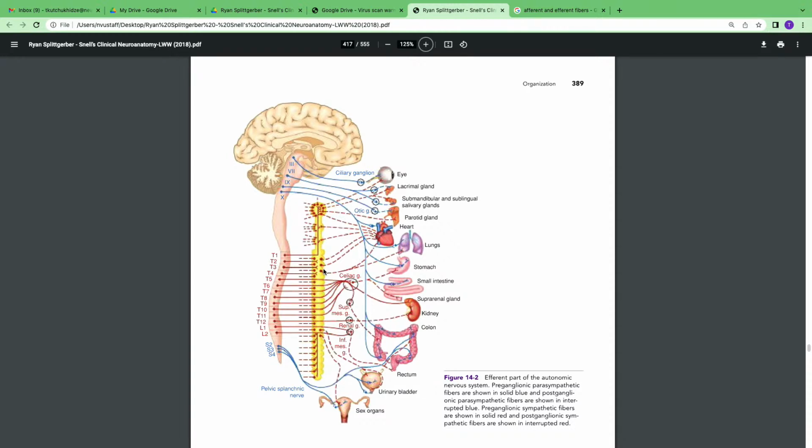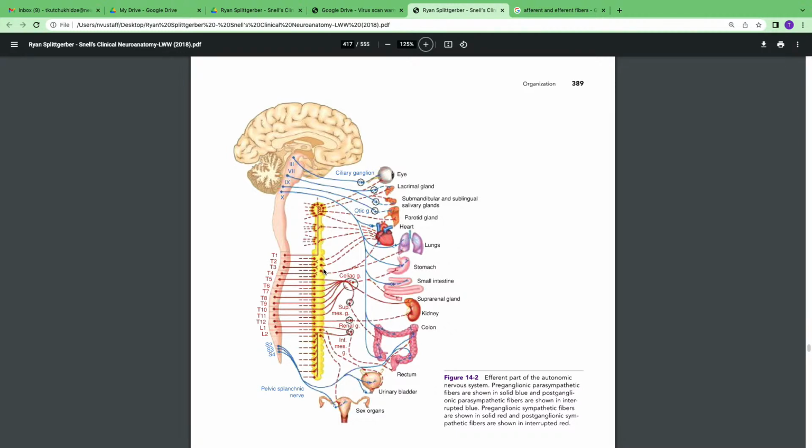In the neck, each trunk has around 3 ganglia. In the thorax, it has around 11 or 12 ganglia, in the lumbar region around 4 or 5 ganglia, and in the pelvis again around 4 or 5 ganglia. And the ganglia, as you know from the name, are where the pre and postsynaptic neurons merge together.